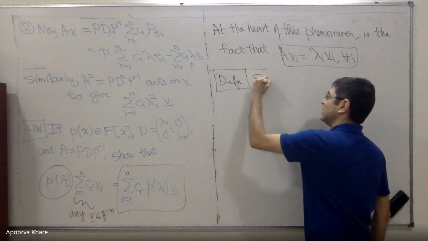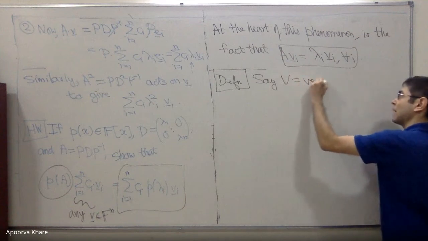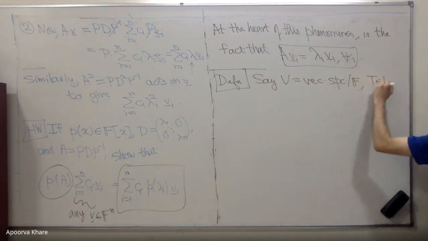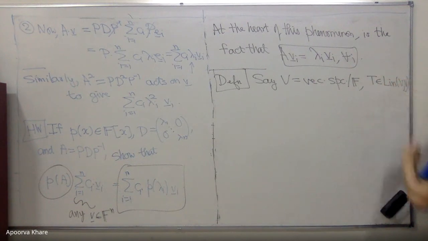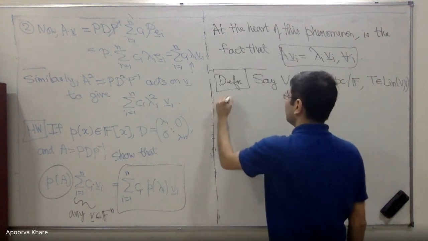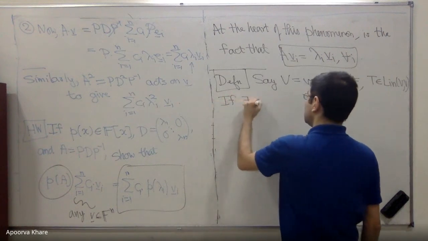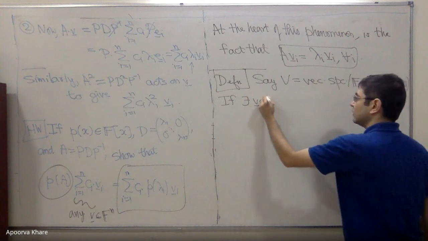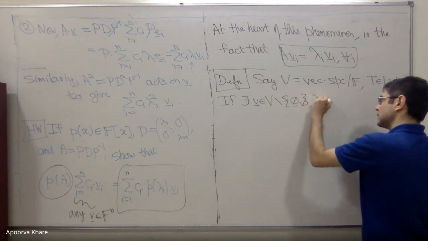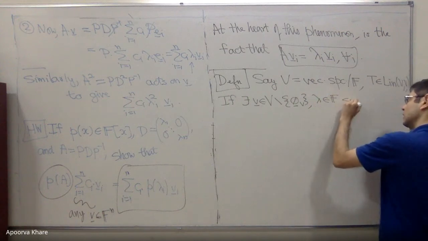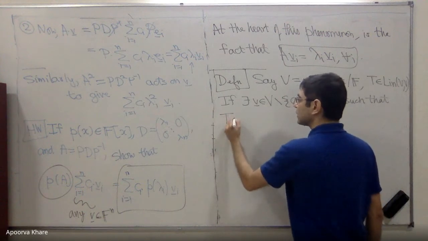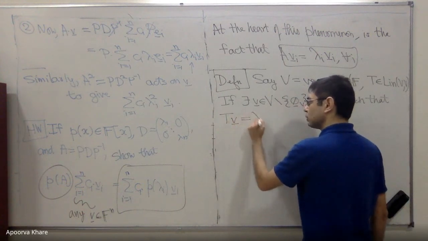Now. Okay. So say V is a vector space over F, I'm not saying finite dimensional, and T is in Lin(V, V). Okay, so it's just a linear map from V to V. If there exists a v in V non-zero, and a scalar lambda, such that the linear transformation of v is equal to lambda times v.